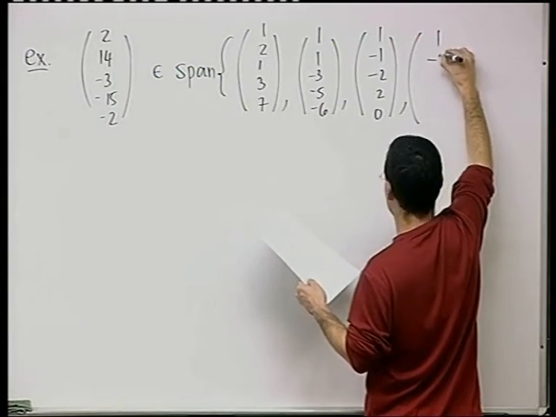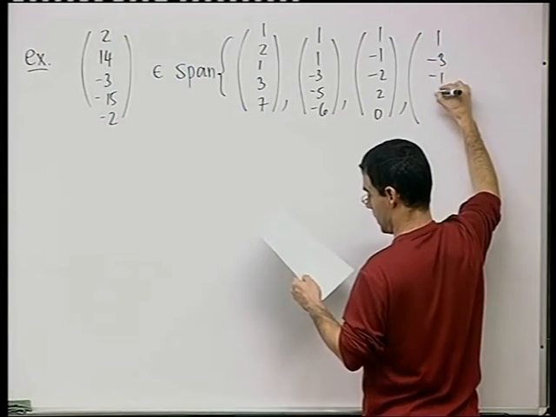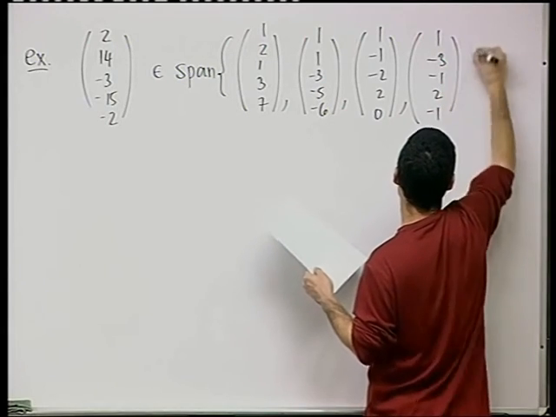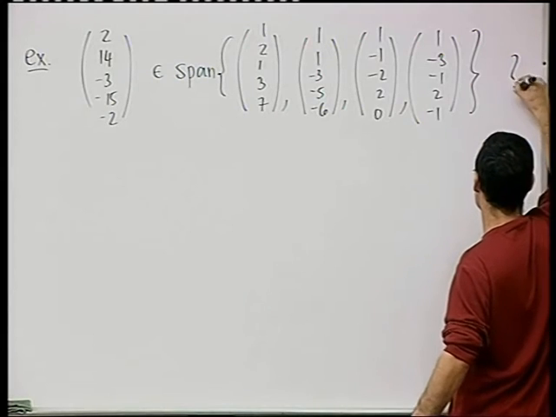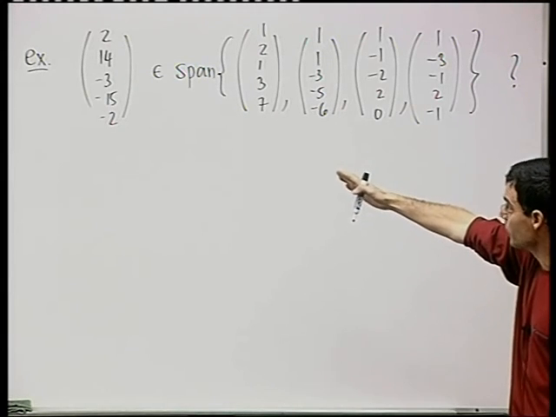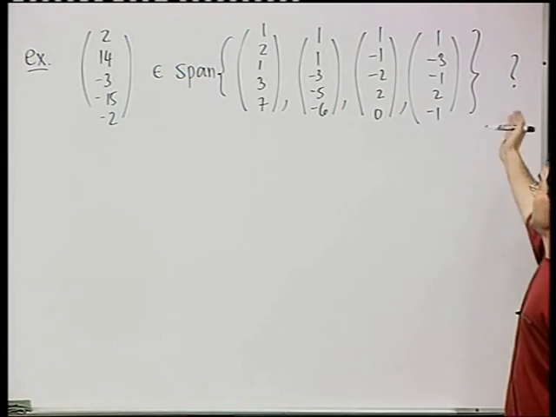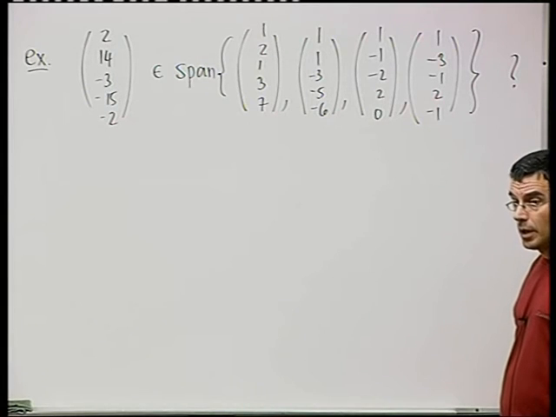And 1, -3, -1, 2, -1. Question mark. Is this vector spanned by these 4 generators?